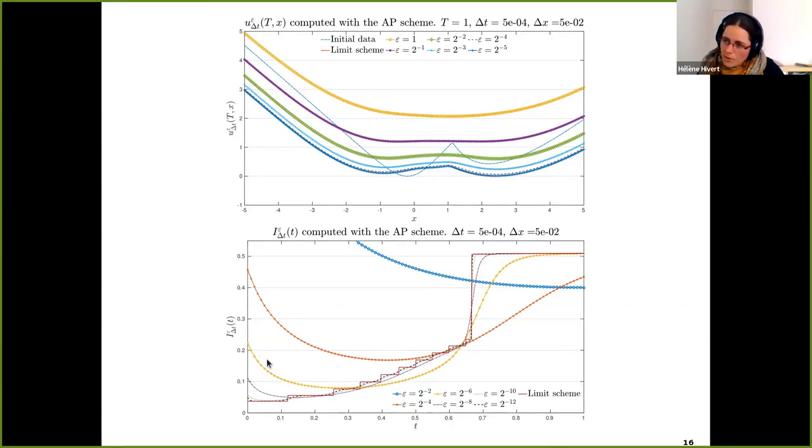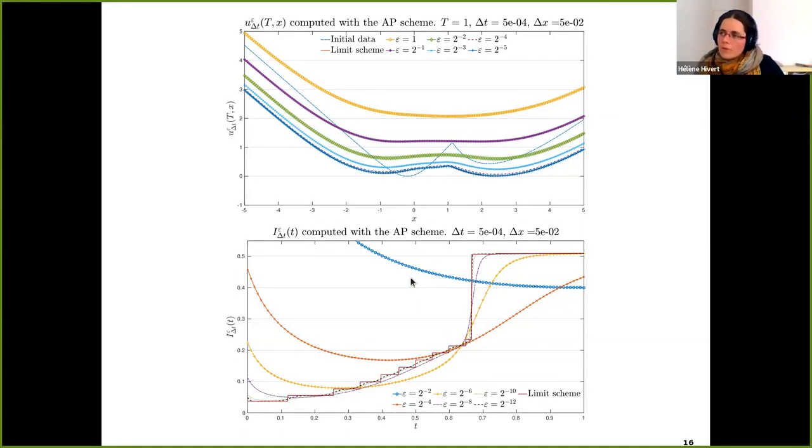And when epsilon decreases, this yellow one, and after that this orange one. And the limit one is this one with the steps, because I remind you that I, when epsilon is equal to 0, has only BV regularity. And you see that when epsilon is positive, I is smooth, but it converges to something that is only BV.